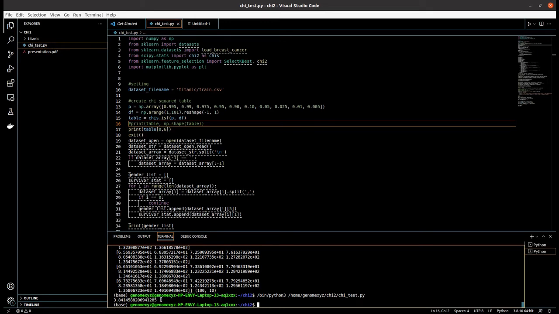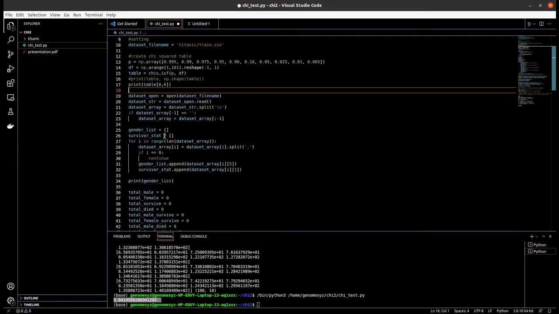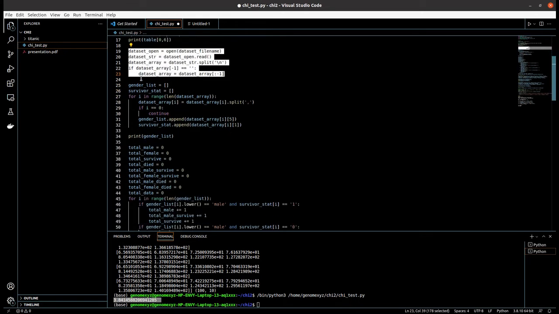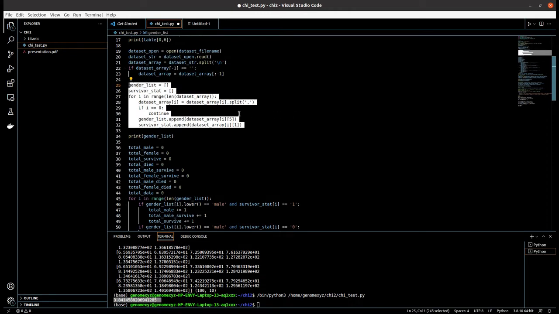This value is 3.8. Okay, after that I read the data like this. I read two variables here, the gender and survivability, or the status of the survivor, either they survive or die.